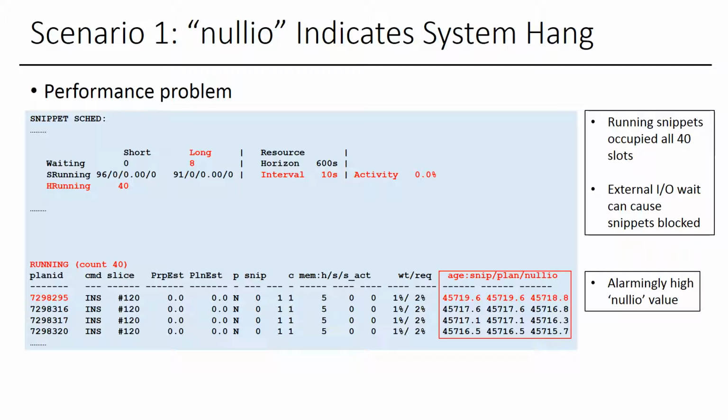All 40 running plans in this snippet scheduler exhibit similar behavior. Here, the value in the null I/O clearly indicates this appliance is totally hung and waiting for external I/O. You need to check external factors like client-side issues or network problems that might be causing this external I/O wait.